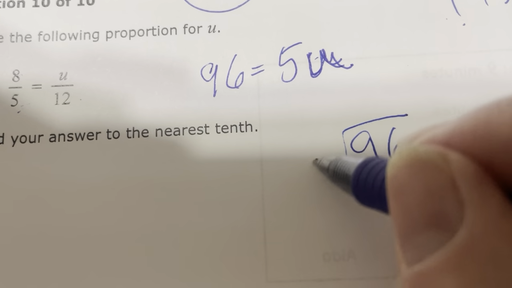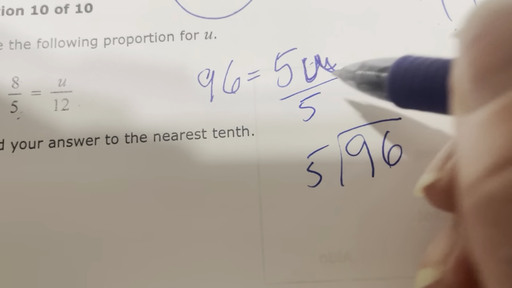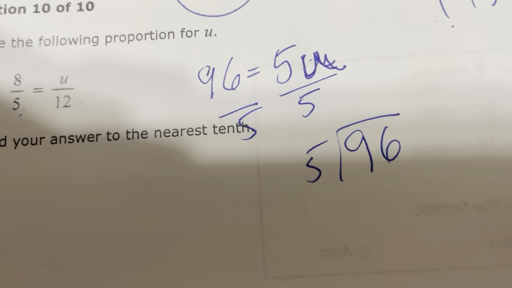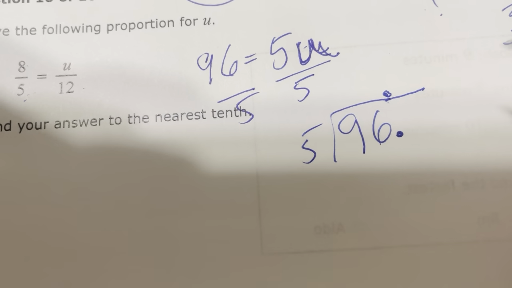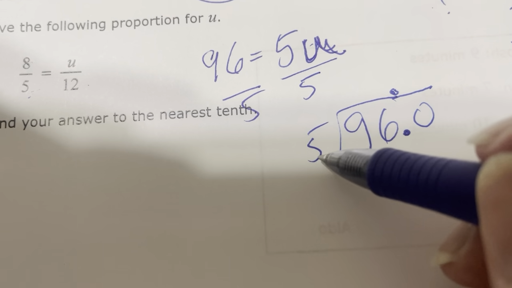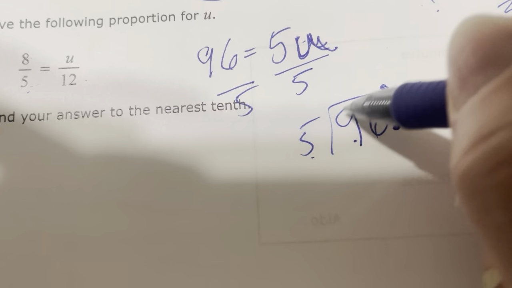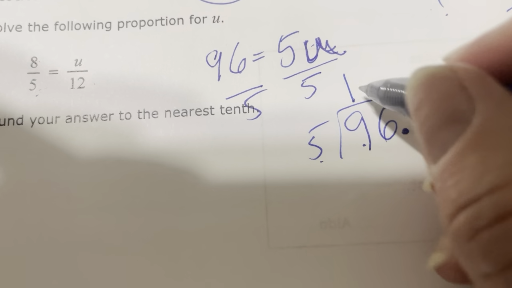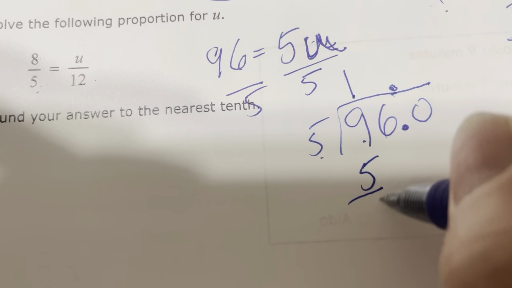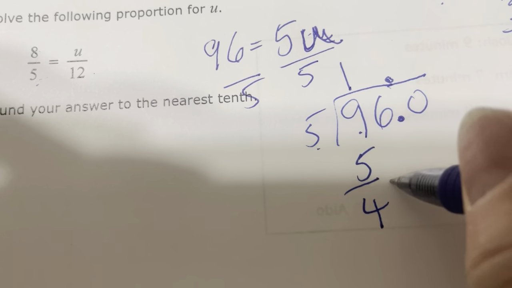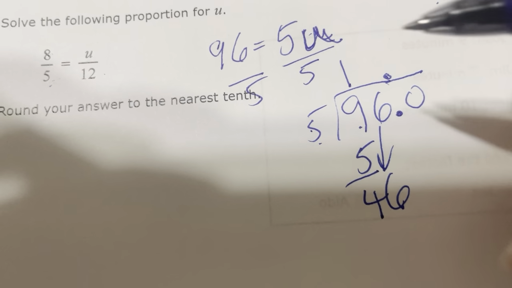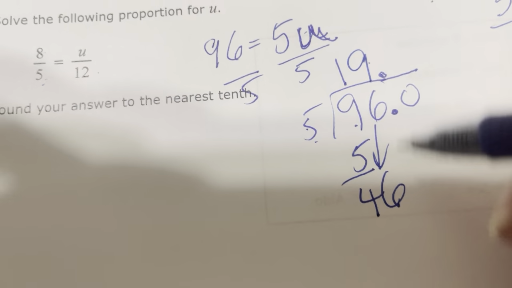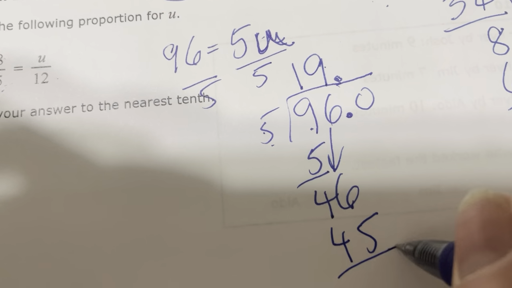96 divided by 5, because I'm going to divide by 5 and divide by 5 on this side. And 96, we'll put a decimal, put the decimal up there, stick a 0 in. 5 into 9 goes 1, and 1 times 5 is 5. 4, 6, bring down the 6. So 5 goes into 46 9 times. 9 times 5 is 45.